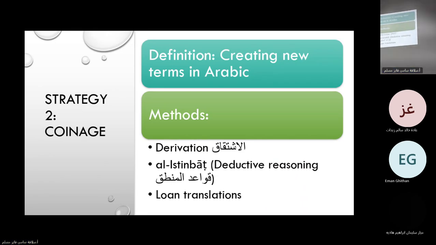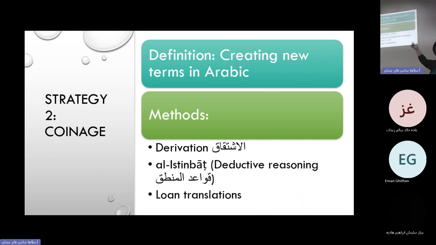Okay? Now we have the second type, which is coinage. Okay? And coinage is to create a new word for the source language word or term. Fine. Yes, all right, so there are three methods for coinage, okay?